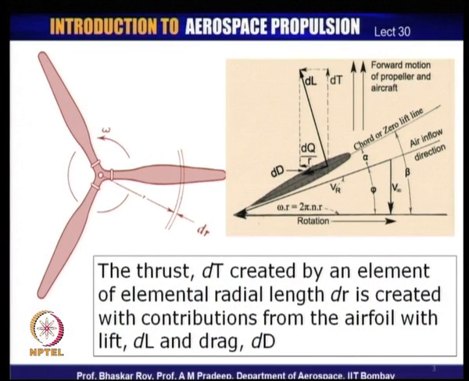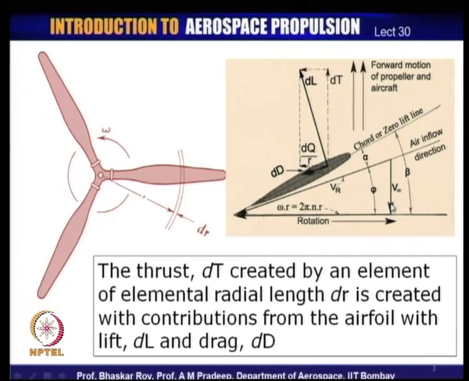So, let us take a look at this representative section over here, in which you have a blade which is expected to rotate with angular velocity omega, and as a result of which it acquires a rotational speed of omega r, which can be written as twice pi n r, n being the rpm.